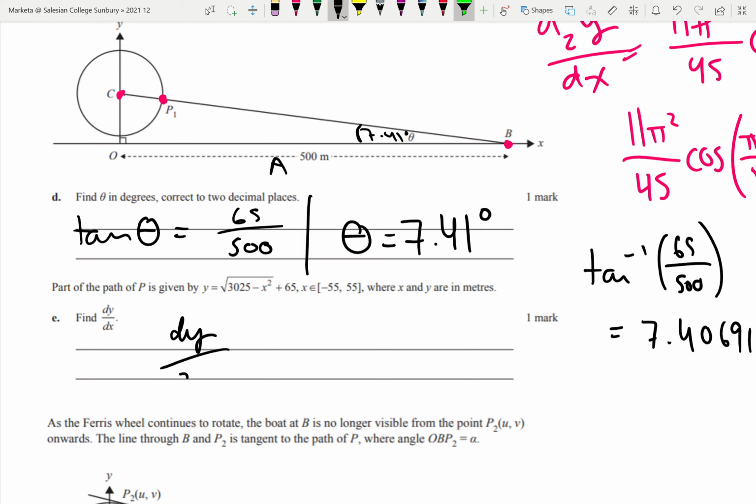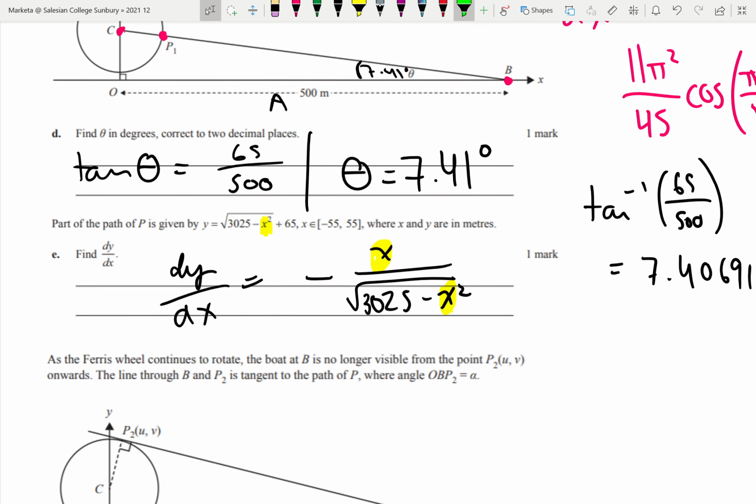So dy dx equals, okay, so I'm getting negative x on root 3025 minus x squared. Just make sure that you use the correct variable. In this case, it is x, but sometimes they might put a different variable and then you've written x, so that's not correct. Watch out for that.